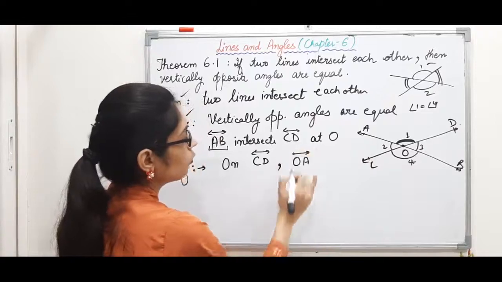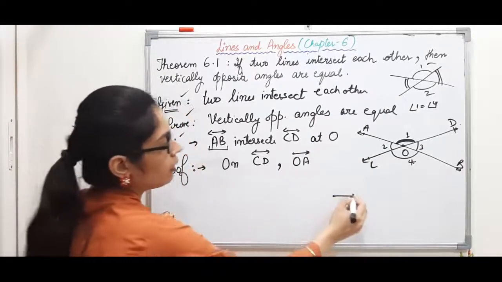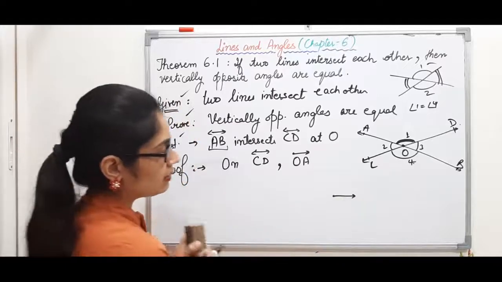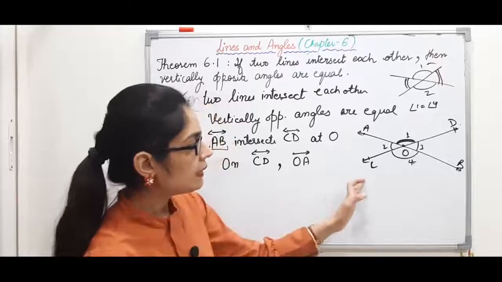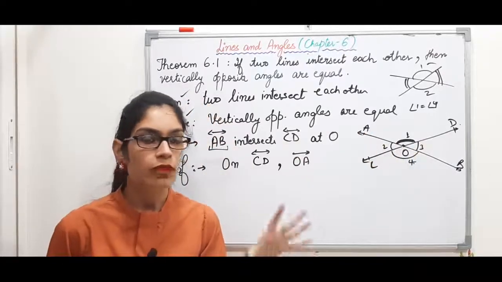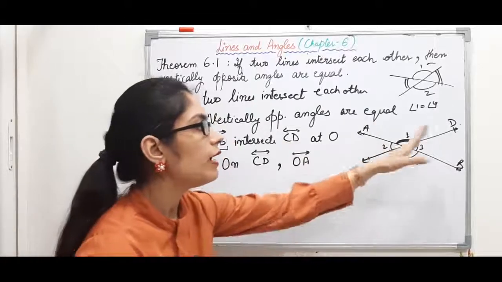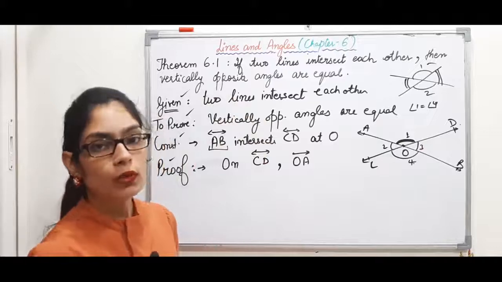This is how you represent a ray, because a ray has one end point and on the other side it can go endlessly. You can see on line CD, OA is the ray, and in Axiom 6.1 we have learned that if a ray stands on a line, then the sum of the adjacent angles is equal to 180 degrees.